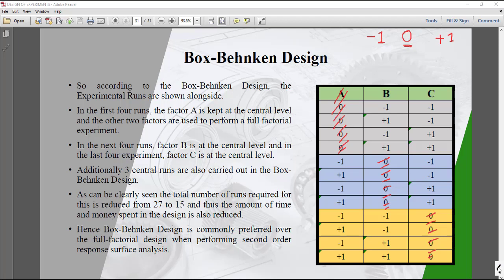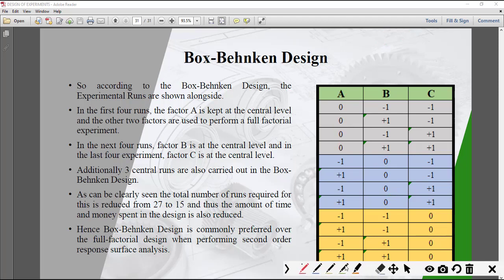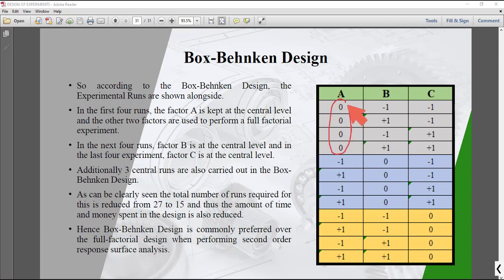So what does Box-Behnken design say? Box-Behnken design says that to reduce the number of experimental runs for response surface design, you can set one of the factors to the central level and perform full factorial on the other 2 factors, right? That is exactly what we are doing over here in these steps.